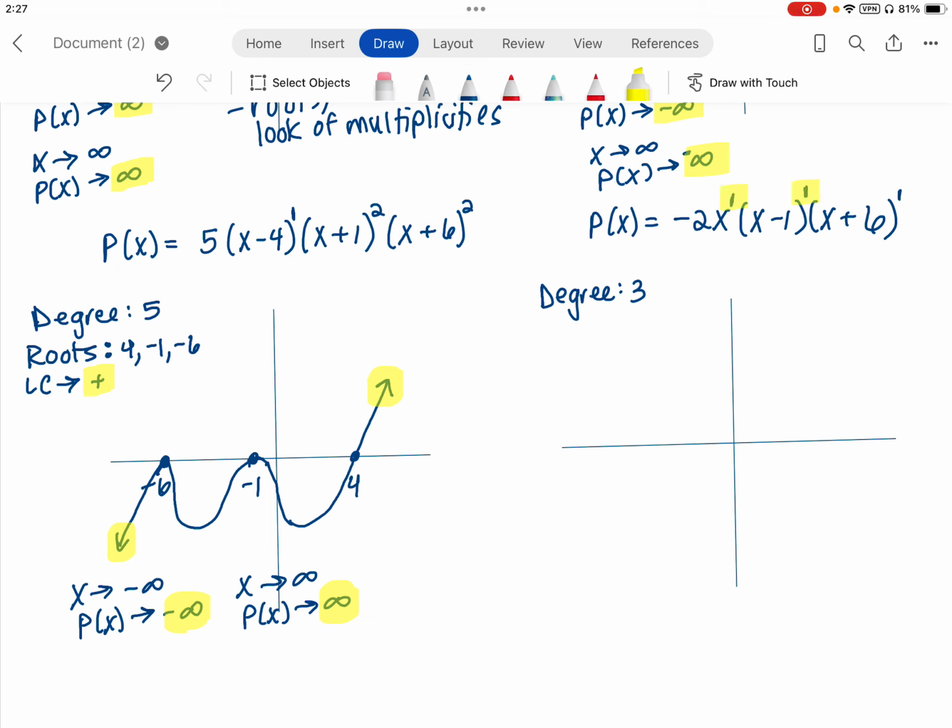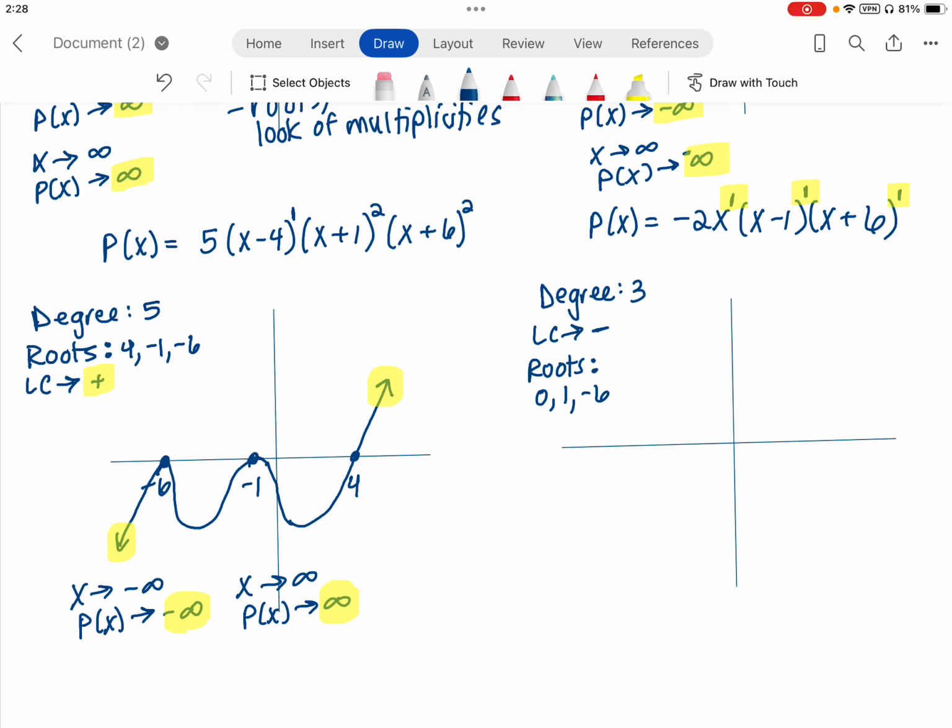So 1 plus 1 plus 1 is 3. And we also just know it's like a linear look at each of those. My leading coefficient is negative. I have a -2, and my roots are 0, 1, and -6.